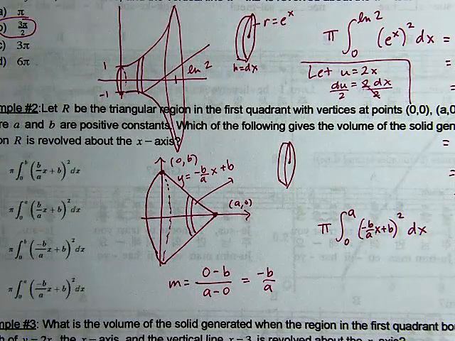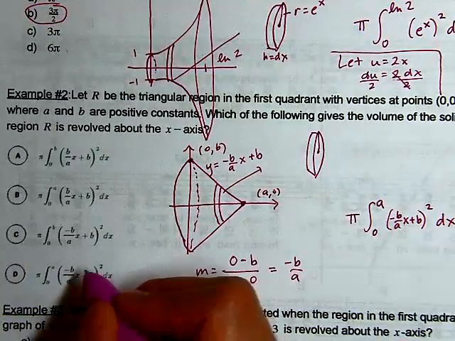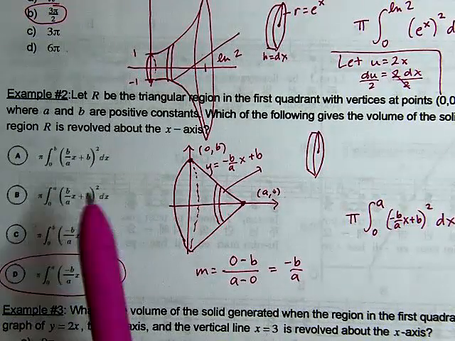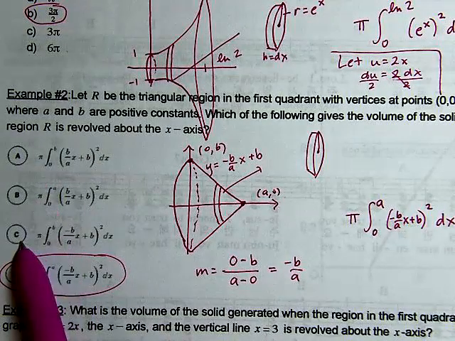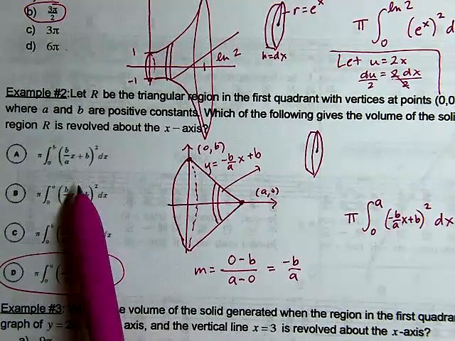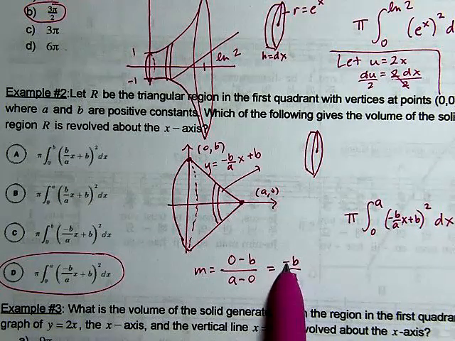And you will notice that is answer D, I apologize. There's something slightly off about the others. A and C have the limits going from 0 to b, so that's off. And then in answer B, it doesn't have the negative that we need.